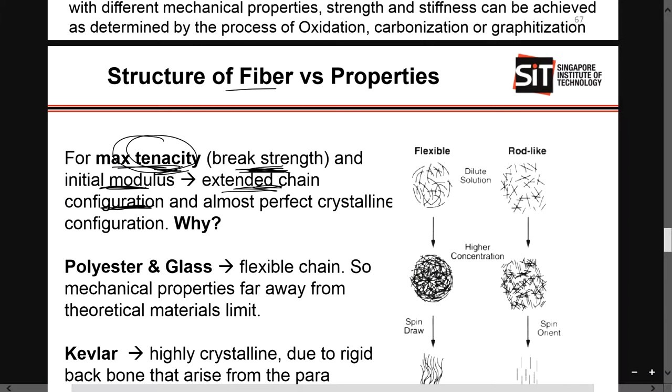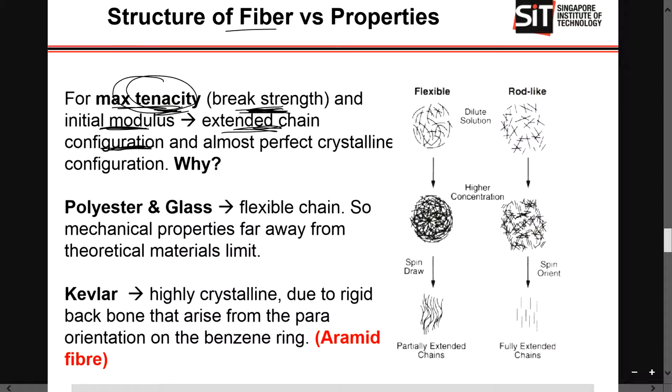I would believe extended chain configurations is this one, fully extended chains. I think this is stronger, I guess, or perhaps this partially extended chains. Let me think about it, because he said in the future he will discuss this again.